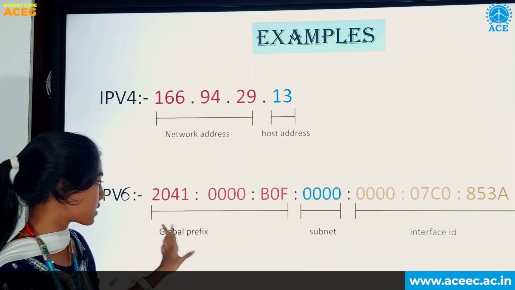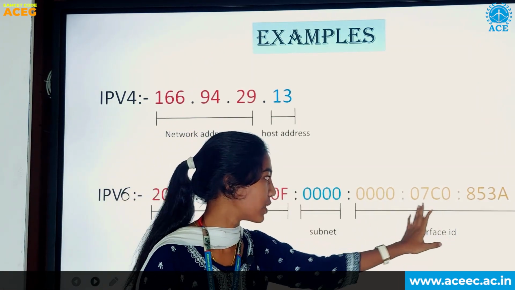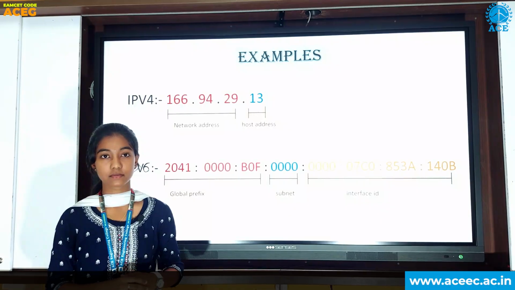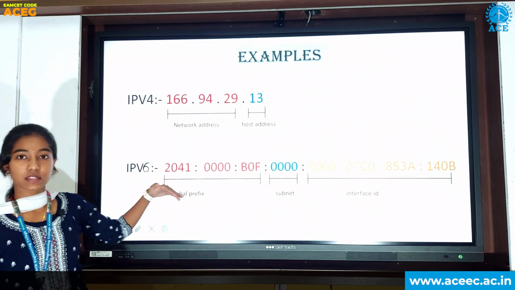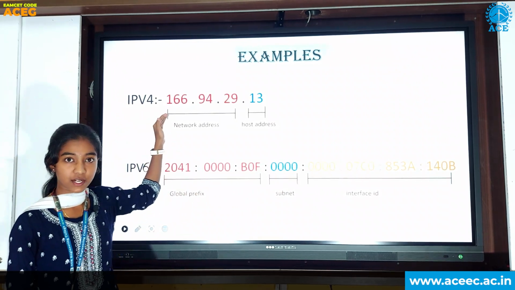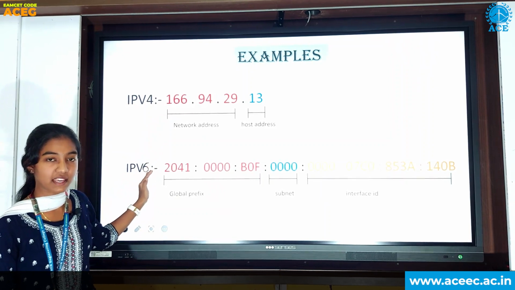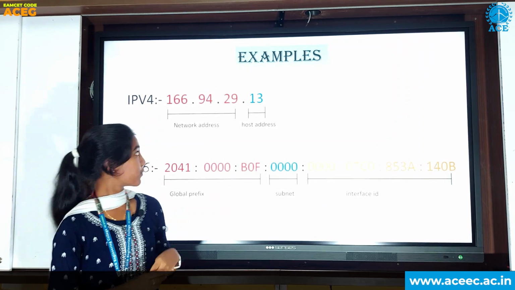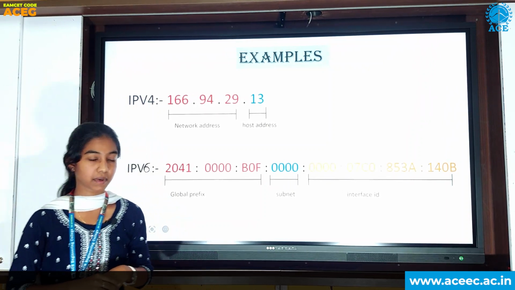This is considered as global prefix for the address, and this as the subnet, and this whole thing as the interface ID. The general differences between IPv4 and IPv6 is that IPv4 has the 32-bit length and IPv6 will be having the 128-bit length. So IPv4 is slower than IPv6 as it has the 128-bit.